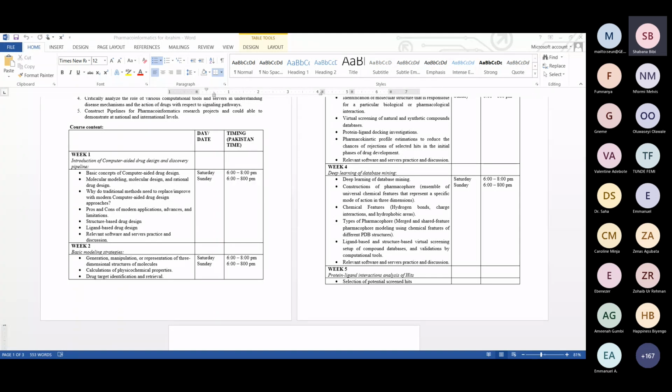And similarly, in my published paper, this protocol is already defined. How you select a target, what kind of techniques can be applied, then how you will find a hit, how much time it will take by the computational method, and how much time is used by the other experimental methods, and then you will move to hit to lead identification. Then you can optimize your structure.